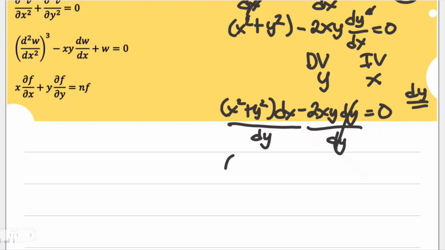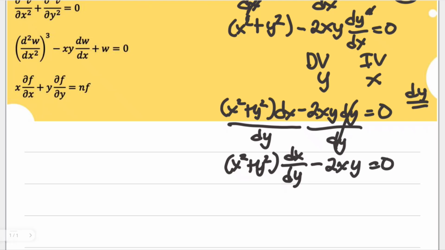So we have the expression x squared plus y squared, the derivative of x with respect to y, minus 2xy equal to 0. For this case, x is now in the numerator, hence the dependent variable is x, and the independent variable is y. This is one of those cases where it could go in both directions because we are not given the notation for the derivative. Take note of that.